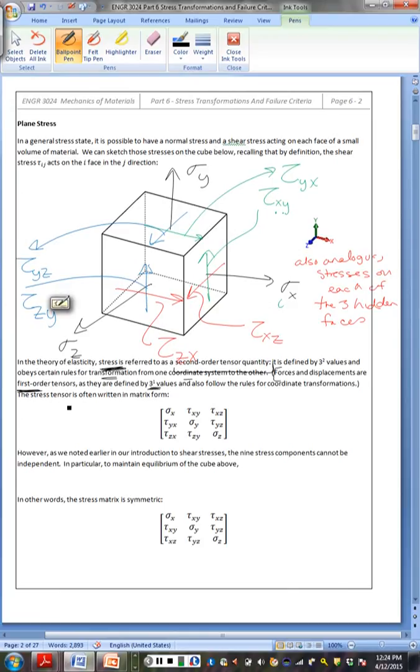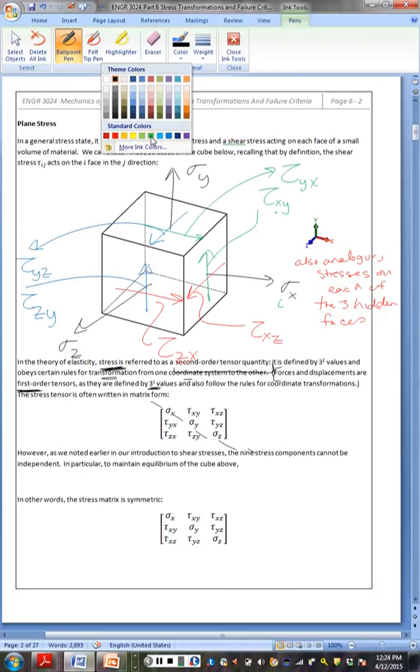If we assemble our stresses from our drawing above into matrix form, our normal stresses end up going along the diagonal.